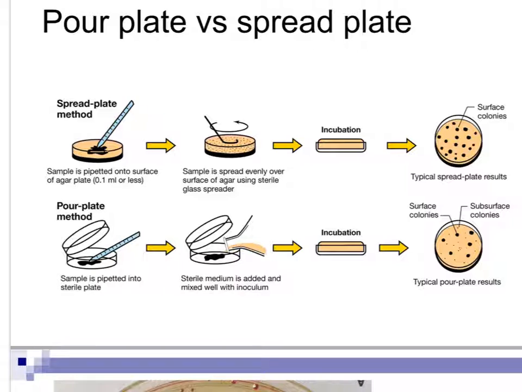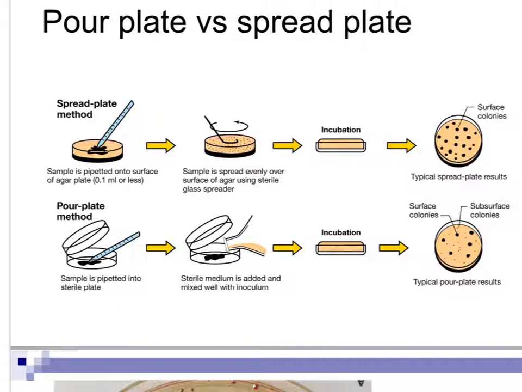All you do is take a sample out of those dilutions and you pipette it on top of the agar, and then you use a sterile glass spreader, and you spread it out over top of it, and then you turn it upside down and you incubate it, and the bacteria will grow on the top, and then you can count the number of colony forming units that you have.